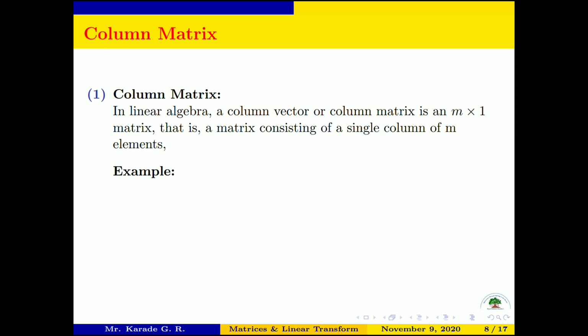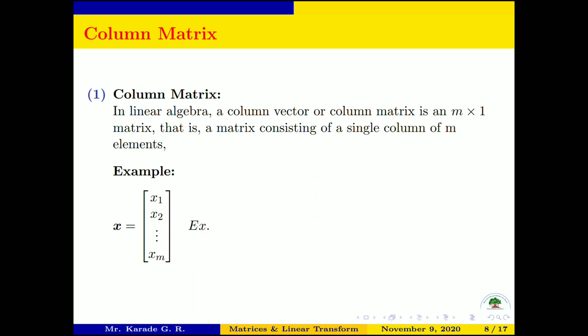For example, a column matrix we denote by x is a single column with m entries, x1, x2, dot dot dot, xm, has order m by 1.